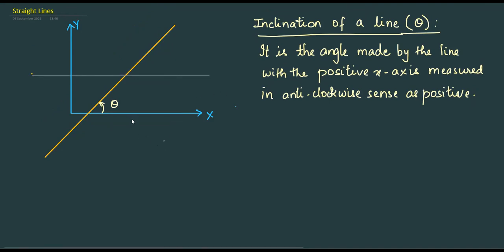The inclination, the angle made by the line with the positive x-axis, will be 0.